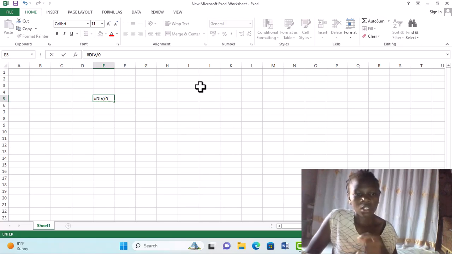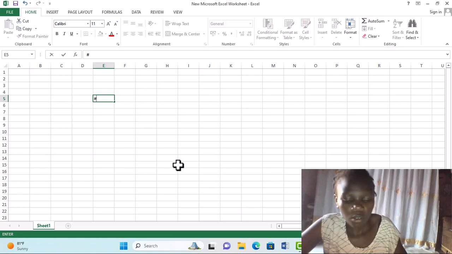So this is what it shows you. The only way to rectify it is don't divide a number by 0. Divide a number by something. Let me assume 20 divided by 10, but not 20 divided by 0.